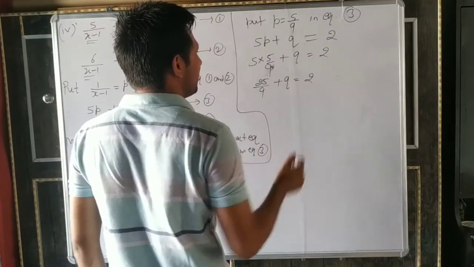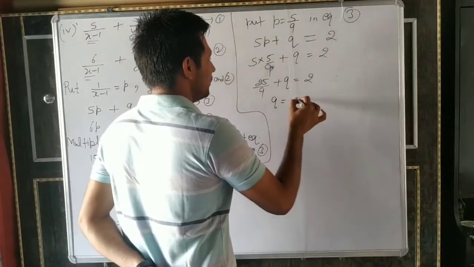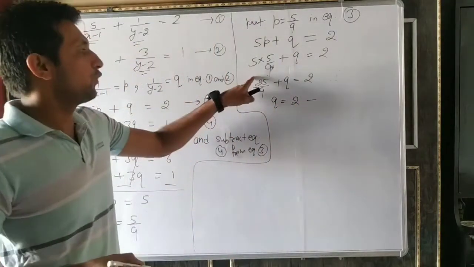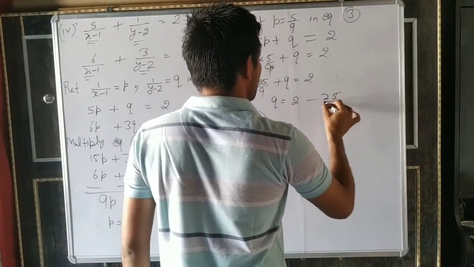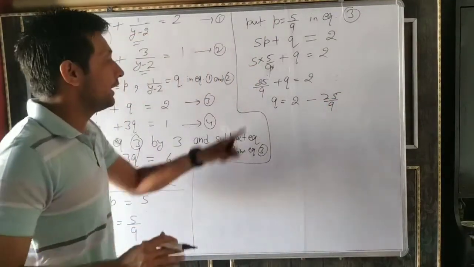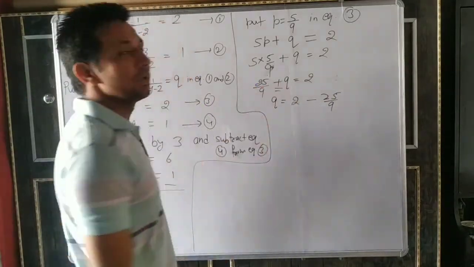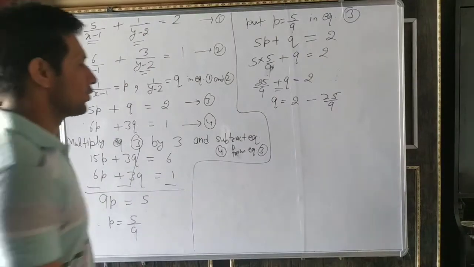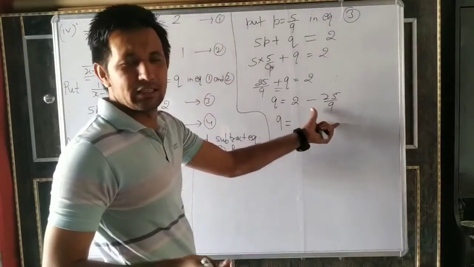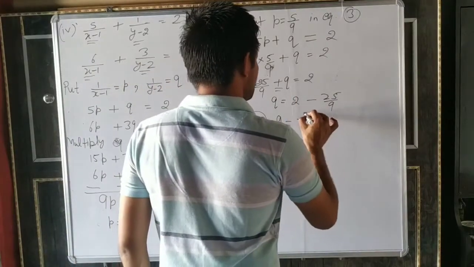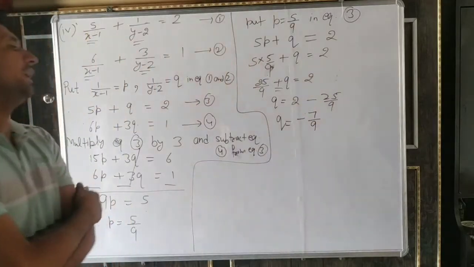We want to find the value of q, so we should move 25 by 9 to the other side, where it becomes negative. So 2 minus 25 by 9. Take LCM and do it yourself. It becomes q equal to minus 7 upon 9.